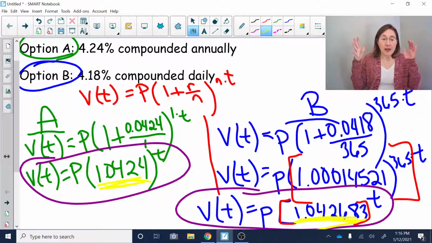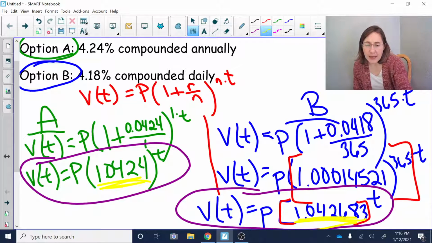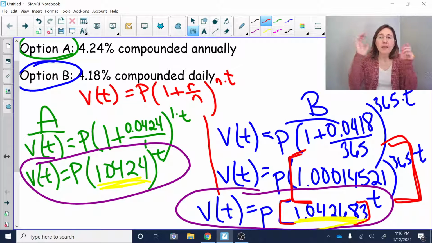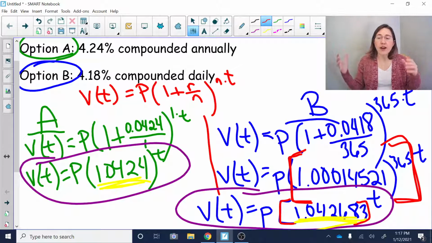So again, I couldn't compare them just straight up to begin with because they had different rates at which they were compounded, but by making this section right here where I looked at the exponent, that 365t, as 365 as the exponent raised to the t power, that gave me a block in that red bracket of purely numbers.